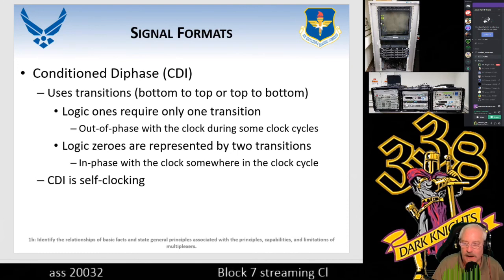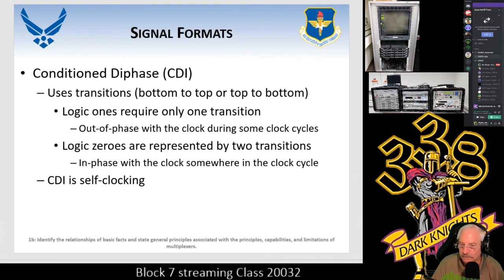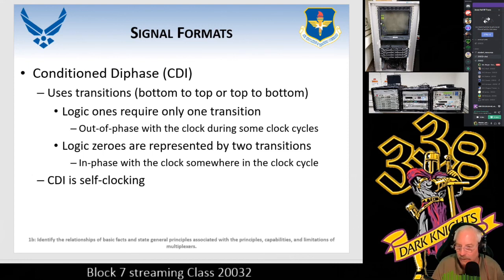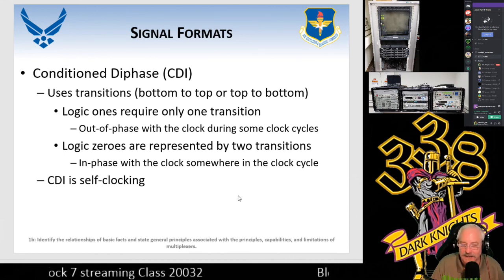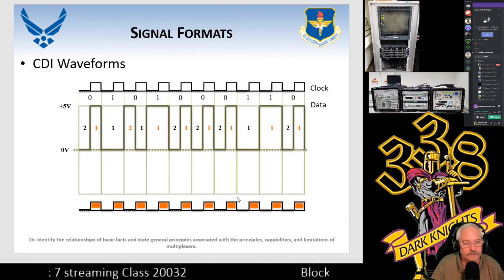It doesn't matter if it goes from 0 to 5 and 5 to 0, or from 5 to 0 and back up to 5. So those are 2 transitions that it could be, either one. Same with the logic 1. It's either going to go from 0 to a 5 or a 5 to a 0. Again, this is self-clocking. Let's take a look.